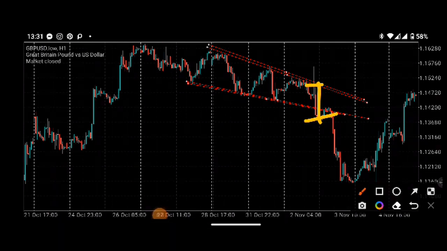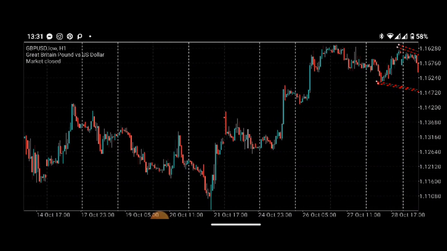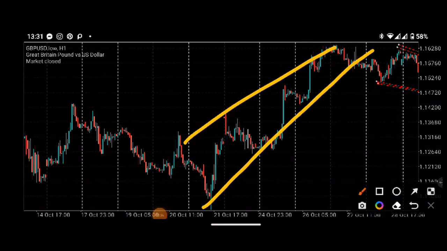Now the reason why I'm using just this is because it's not always easy spotting this setup, right? Most of the setups you see, once you are able to use your 2 dynamic lines and mark your regions, you discover that most of the signals you see on the market are false signals. They don't really tally, okay?